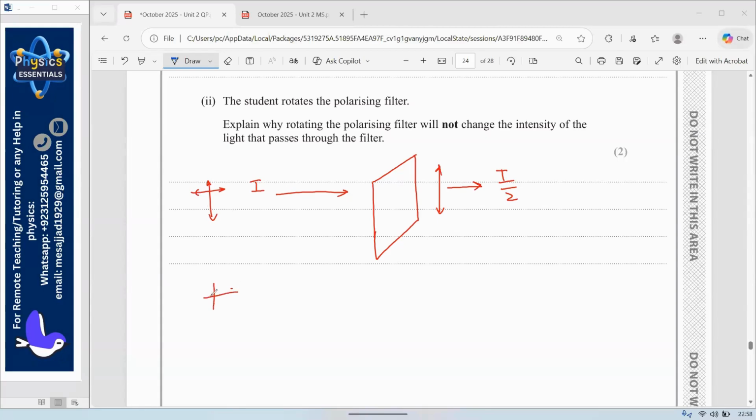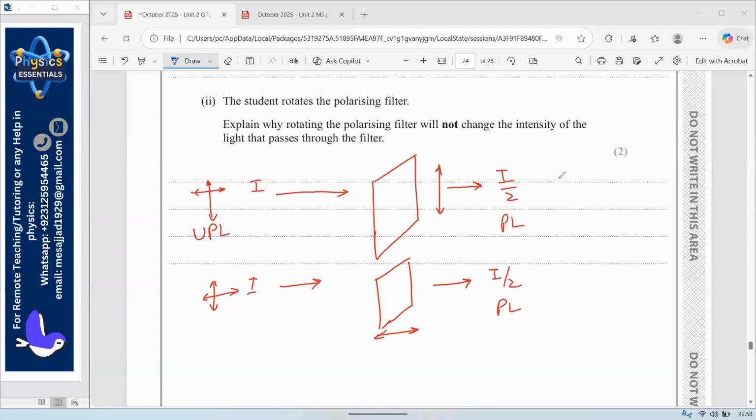If this light is coming, which is unpolarized light, UPL, and this is polarized light, PL, with intensity I, and you now have a horizontal polarizing filter, the vertical component will be blocked, and you will again get half of the intensity.